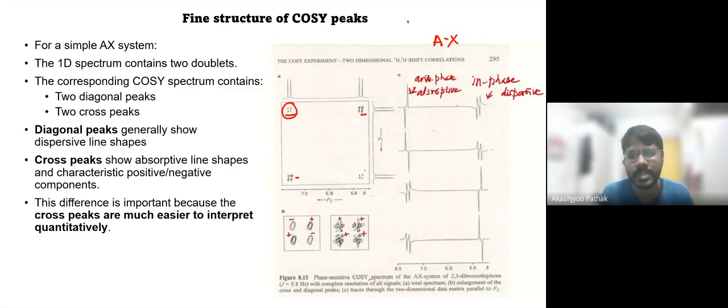These are your cross peaks; they have absorptive line shape. Here you can see these are absorptive peaks with characteristic positive and negative components: minus, plus, plus, minus. While your diagonal peaks, this and this, this and this, have dispersive line shape.